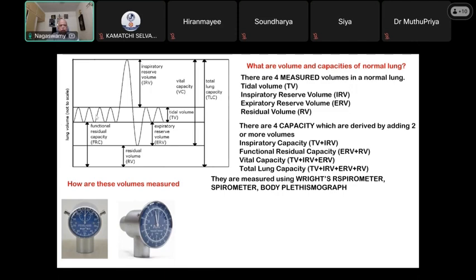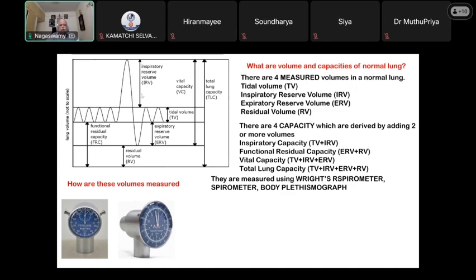So tidal volume by definition is the amount of air breathed in or breathed out during a normal quiet respiration. And after breathing a normal volume of air, if you desire to inhale more, you can. That is called inspiratory reserve volume. By willfully making effort, you can add a little more volume to your inspiration.